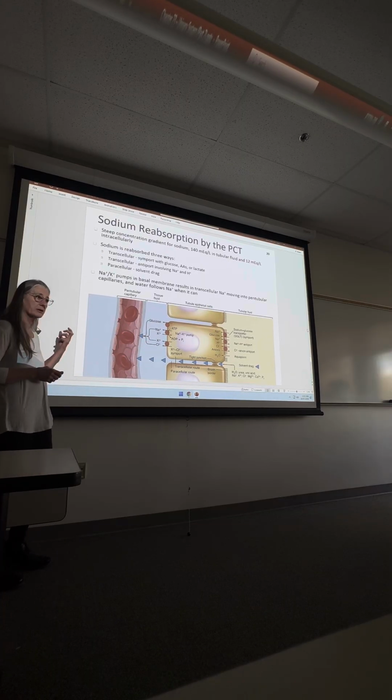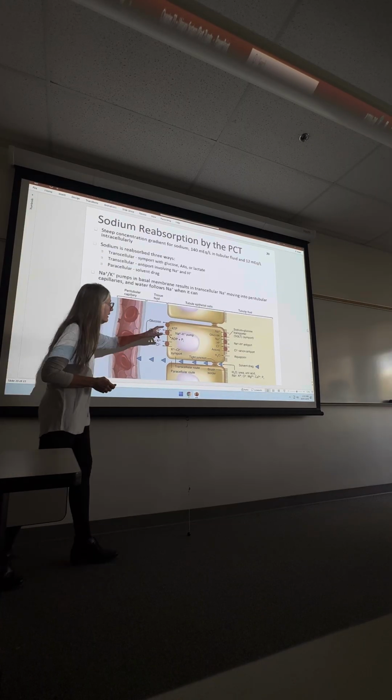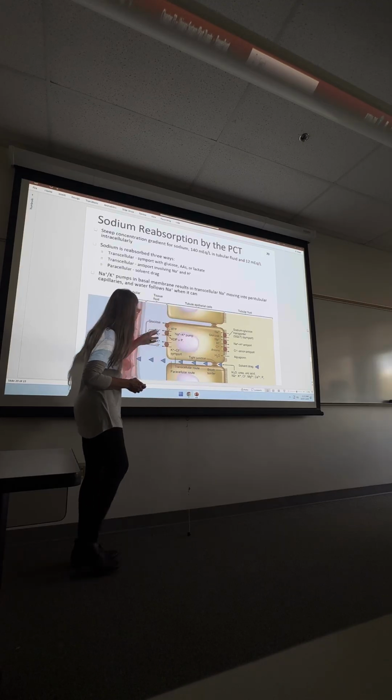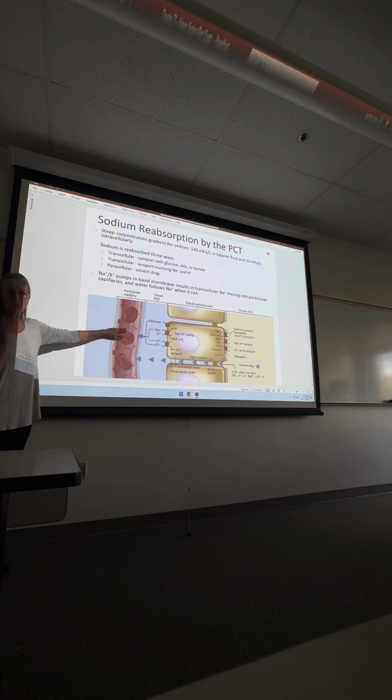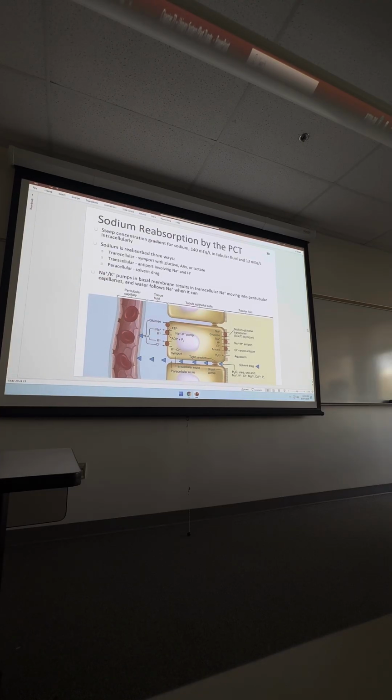Why do we want sodium and chloride back into the blood? Because it draws water. Why do we want glucose back in the blood? Well, because we don't want to waste our glucose unless there's way too much of it. And if there's way too much of it, it means there's something going on in your body if you have glucose spilling over into your urine. Now, these days, they don't even wait to see glucose in the urine. That was old technology in identifying diabetes that way.